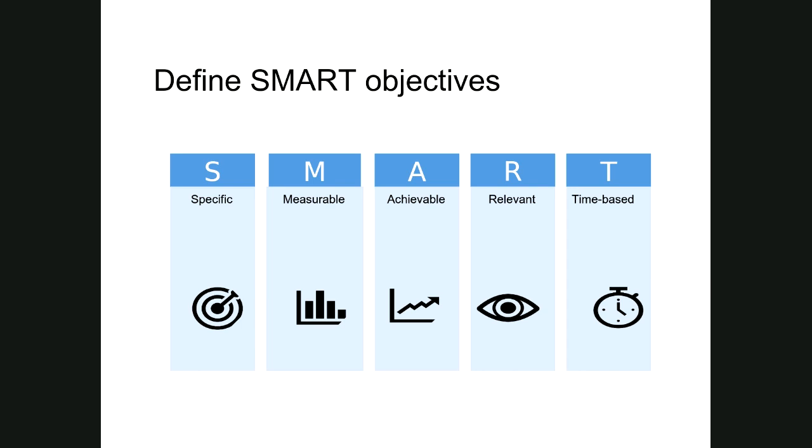That should be a benefit of our program, or whatever it is. If you don't put a time limit on things, people generally don't do it. Or it's hard to measure it because you say, well, when did we start doing this? Well, I don't know. Well, how often have we measured it? Oh, well, I don't know. And then it's not a SMART objective. See what I did there?